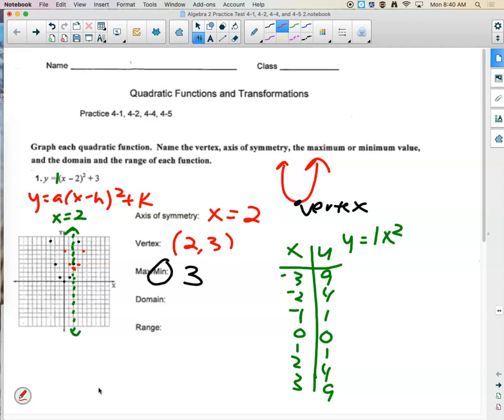Now my 2 to the right and the 3 up for my 3, 9 is going to be off the chart here. But at least it gives me something to aim at. And there it is. So again, the original, the parent function, always use y equals ax squared.